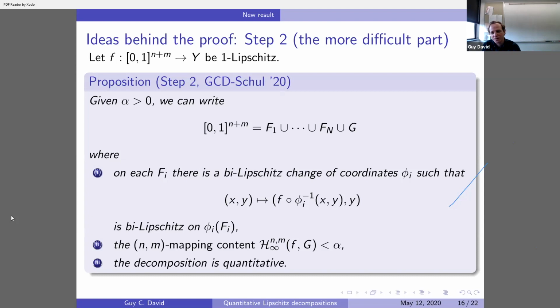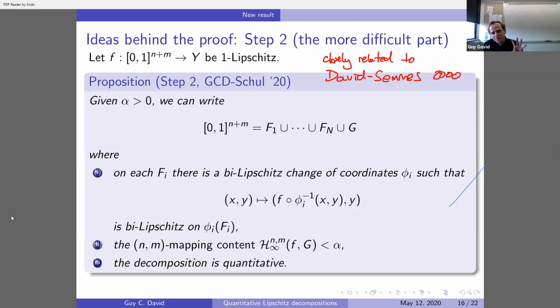I'm going to talk a little bit about the proof of this in the last 10 minutes of the talk. I should mention before I get into the proof that this is closely related to some ideas of David and Semmes, and this David is, again, not me, from 2000. They were also interested in this problem of supplementing by linear maps.